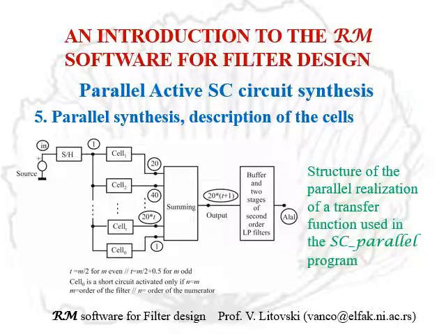To get the analog signal, one needs to implement an anti-aliasing filter, which in the case of the SC parallel program of the RM software, consists of a cascade of two second-order low-pass cells realized as active RC circuits.